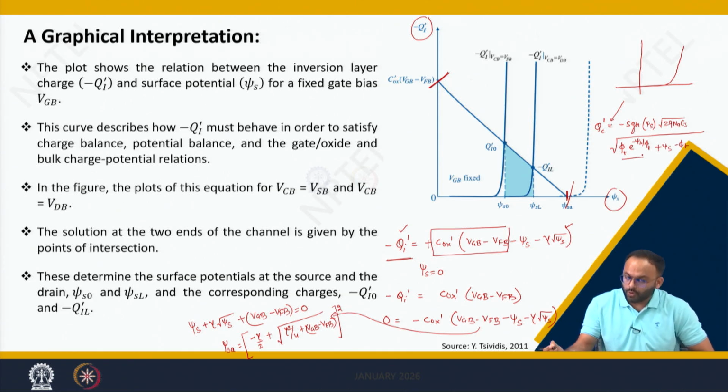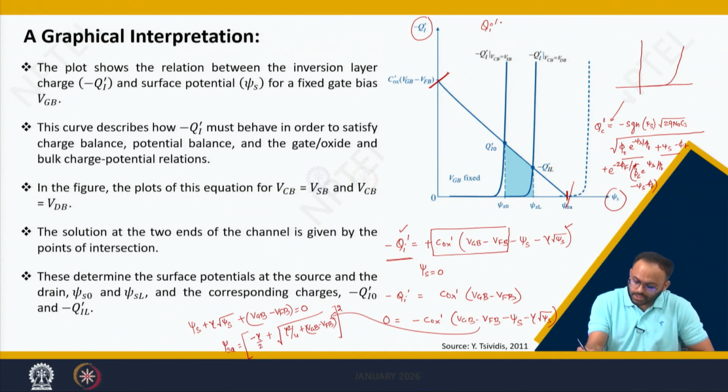This is the contribution of holes. This is the contribution of immobile ions, and e to the power of minus 2 phi f by phi t, e to the power of psi s by phi t into phi t minus psi s minus phi t.